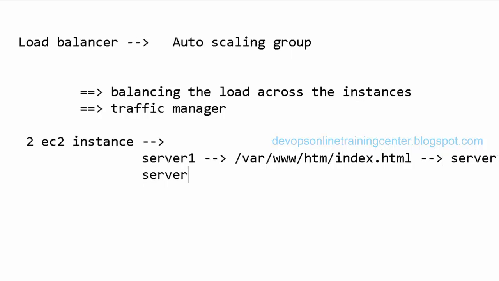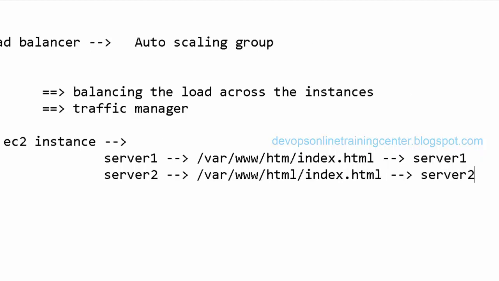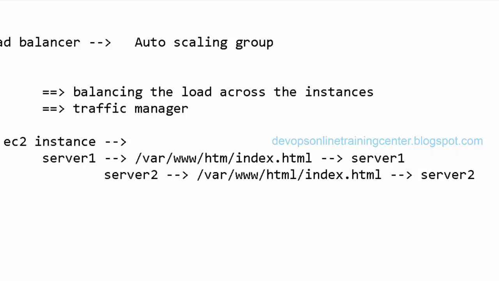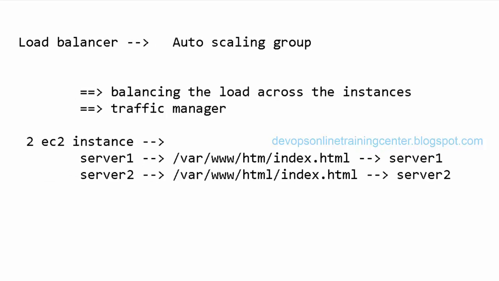In server 2, in www.html index.html, I'll write server 2. So this will clearly show us where the request is routed, to server 1 or to server 2, and how it is routing the request when the load balancer is ready.